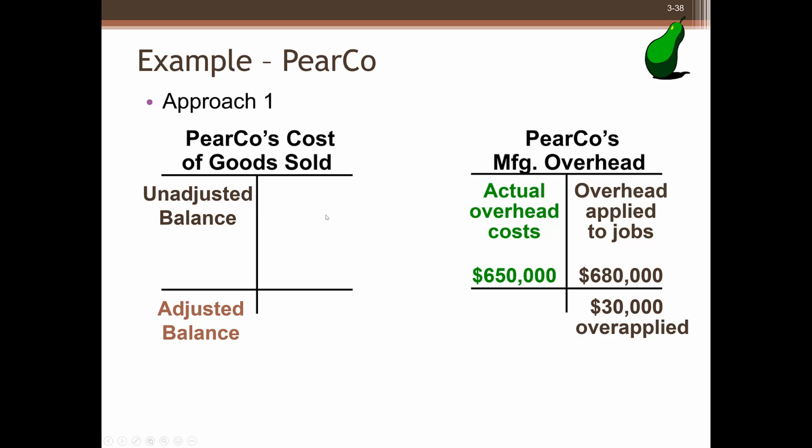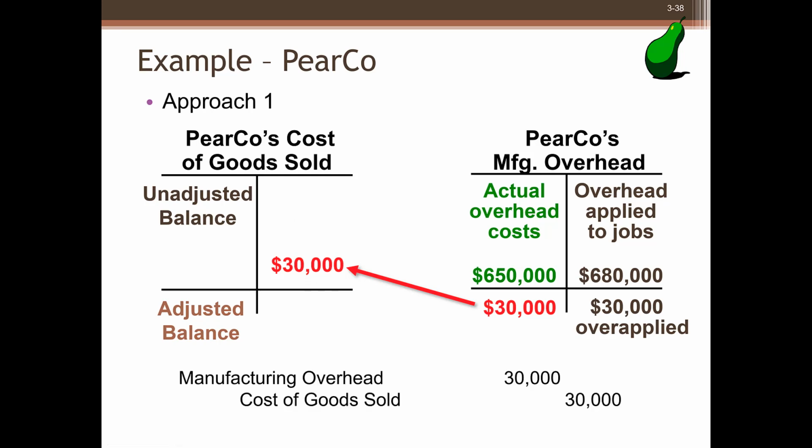And then we need to close it to cost of goods sold. So we debit manufacturing overhead 30,000, and then we credit cost of goods sold 30,000. The journal entry here: we debit MO and credit cost of goods sold.